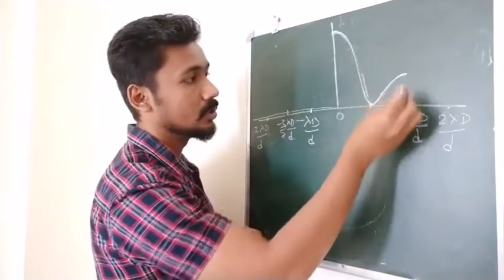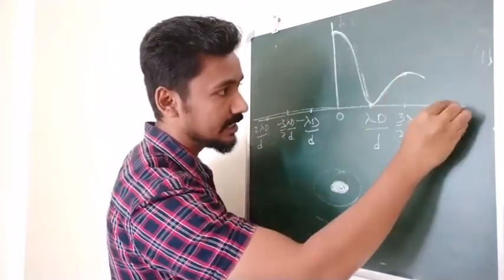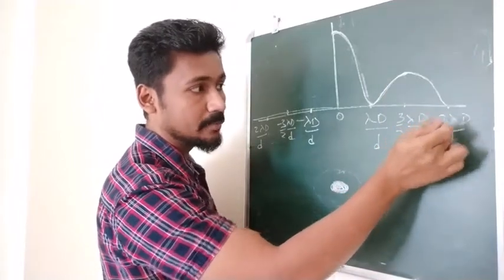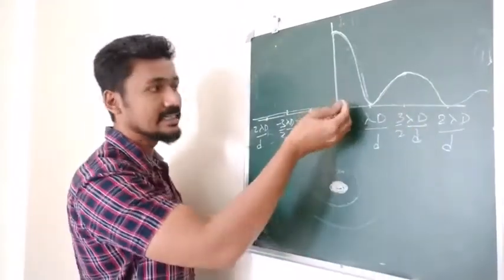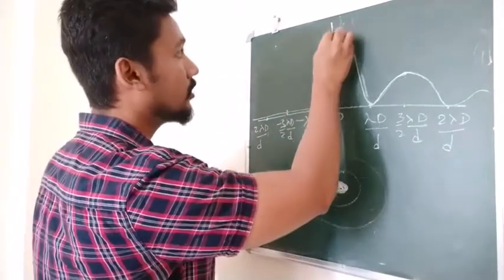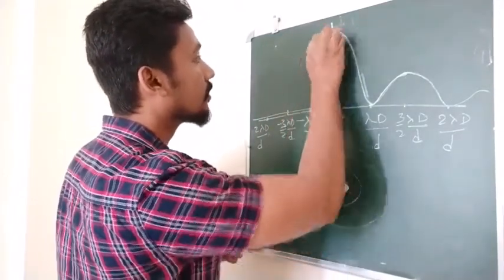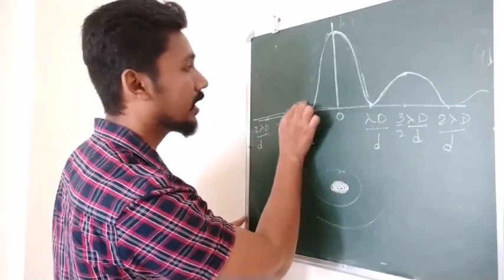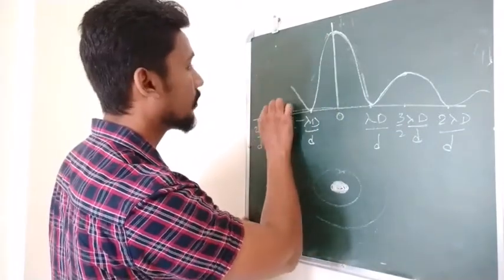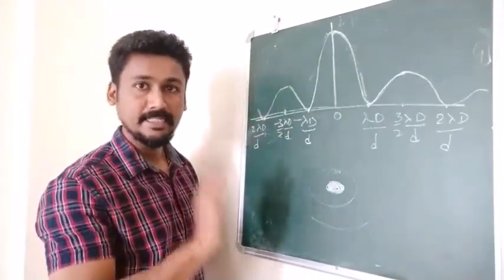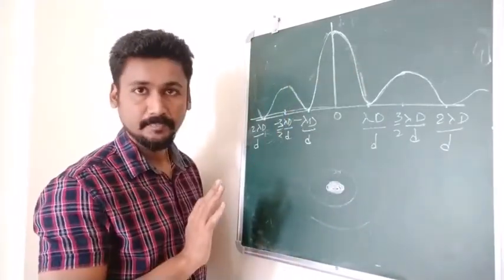Then again it will start to decrease and again you will get a dark spot at 2 lambda D by d और इस तरह से मिलेगा. Same thing is going to happen on the other side also. This will start to decrease. Again you will get a maximum here. Okay, so this is the brightness graph for diffraction, right?